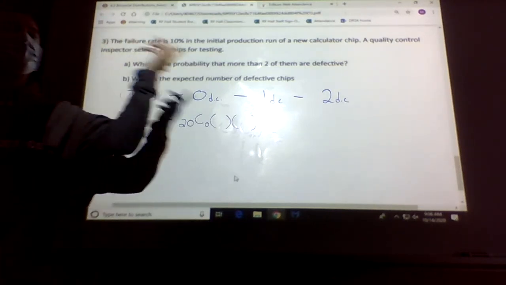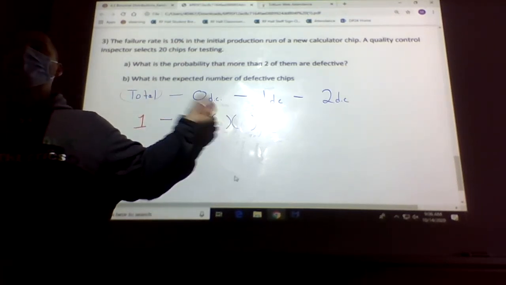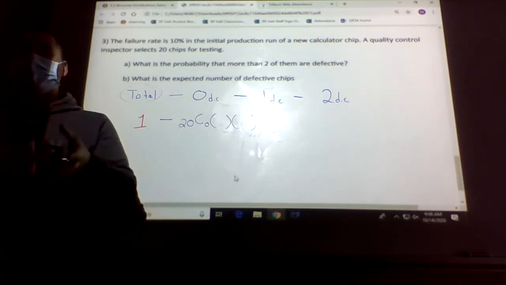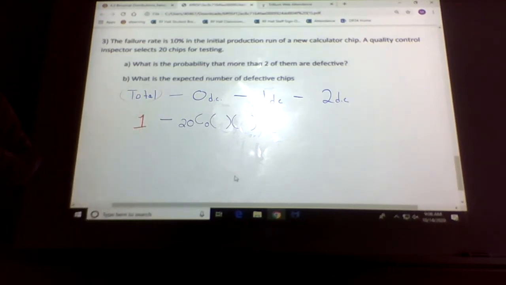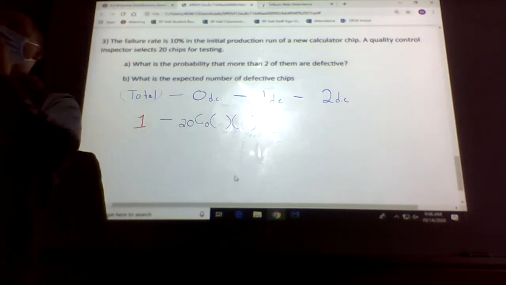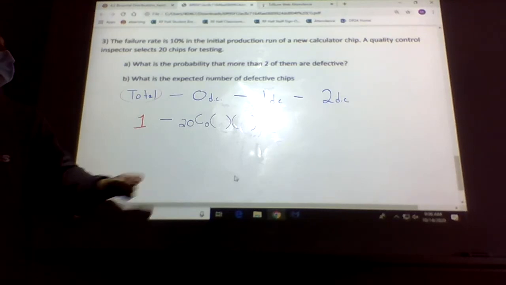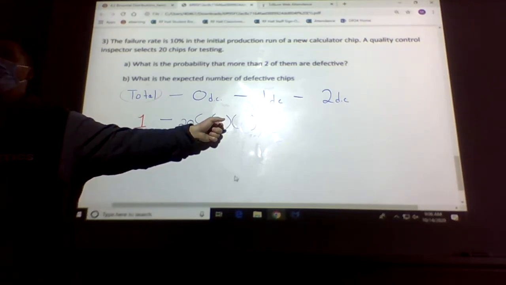Okay, this is where the wording gets kind of funny, because the first bracket is the probability of success. In this case, success is the failures, which is kind of weird. So what are we looking at? We're looking to see how many chips are not working, okay? So what's the probability that it's not working?